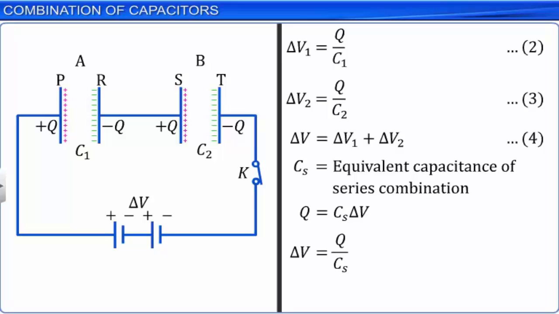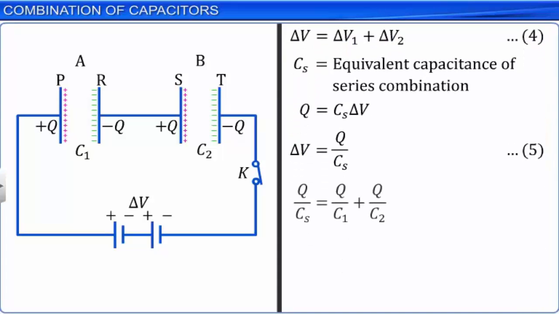Substituting equation 5, equation 2 and equation 3 in equation 4, we get Q by Cs is equal to Q by C1 plus Q by C2. On simplifying the expression, we get 1 by Cs is equal to 1 by C1 plus 1 by C2.